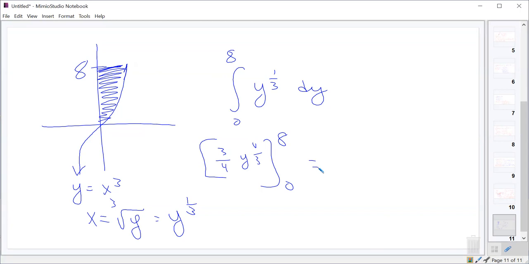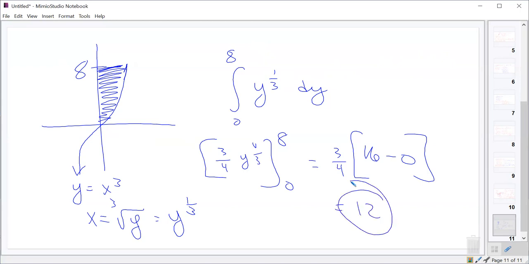Is that right? No, that's nowhere close to right. That's why I don't do it first. So this becomes 3/4 of the cube root of 8, which is 2, and 2 to the 4th is 16. And then minus 0. So we've just got 3/4 of 16, which should be right. Good or no? Good.